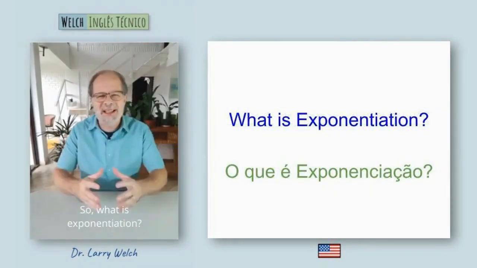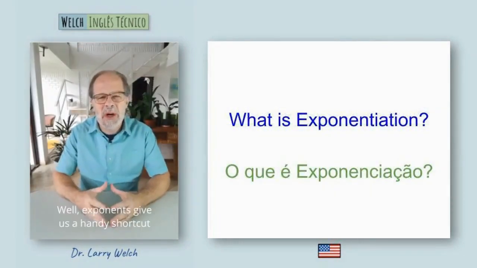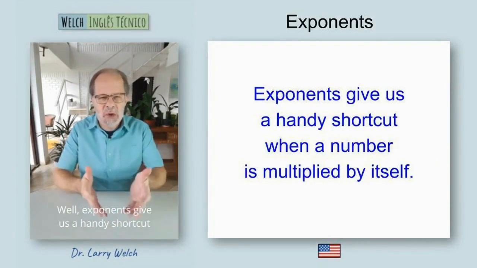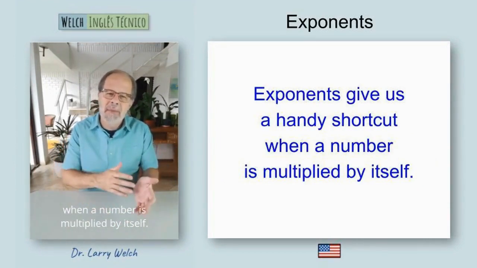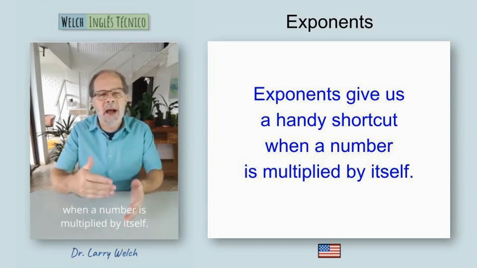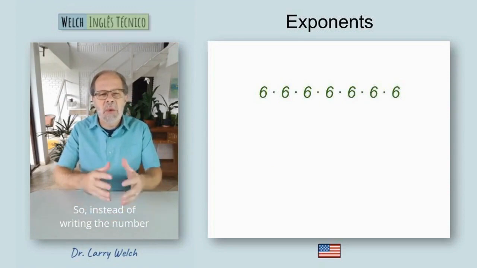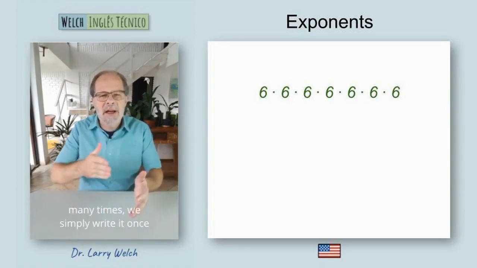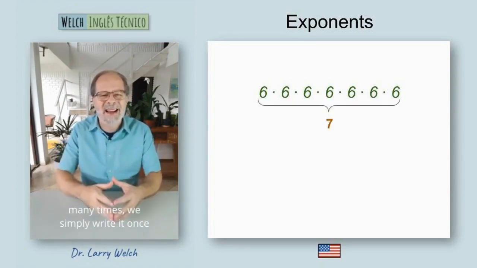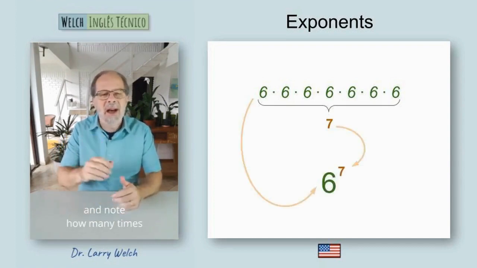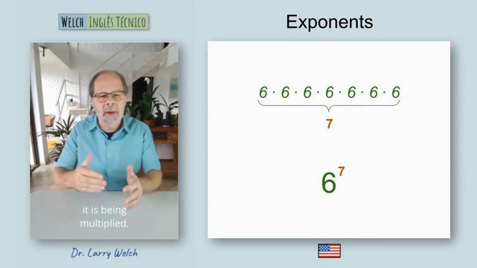So, what is exponentiation? Well, exponents give us a handy shortcut when a number is multiplied by itself. So, instead of writing the number many times, we simply write it once and note how many times it is being multiplied.